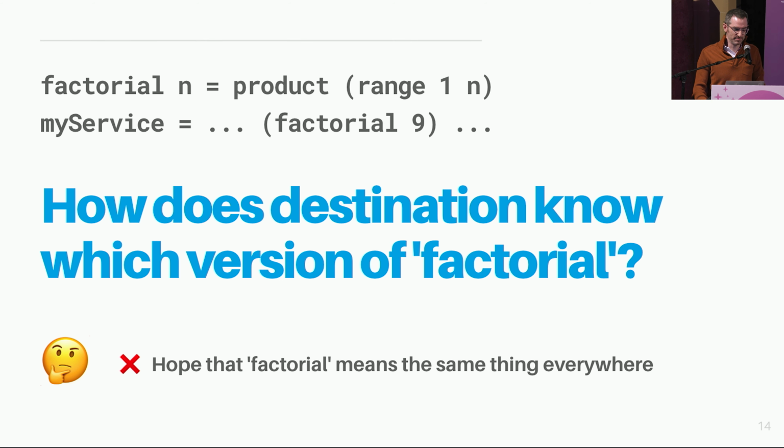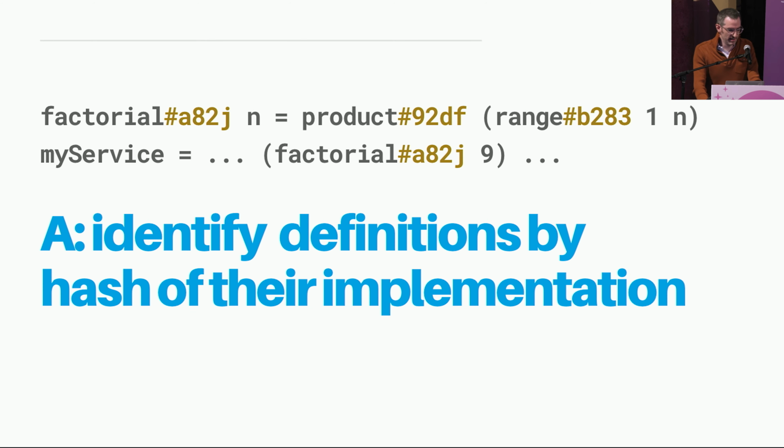So what does work? Here is the big idea. The Unison programming language is based around this entire idea, and it's kind of the key thing that gives us the superpowers I'm going to be showing. So this is a super important slide. The idea is factorial is going to have a hash, A82J.